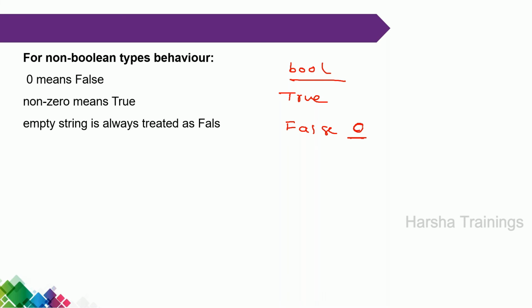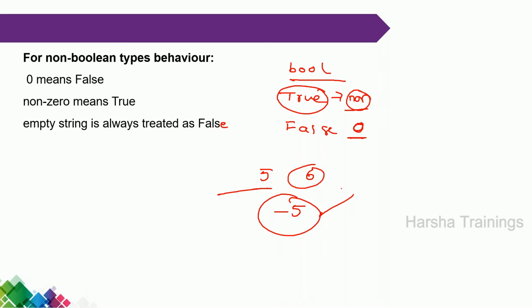Whenever we write 0, it is considered false, and true is considered any non-zero number. For example, 5 is a non-zero number, 6 is a non-zero number, and minus 5 is also a non-zero number. No need to depend on the sign. We only have to know whether it is zero or non-zero. That is sufficient.